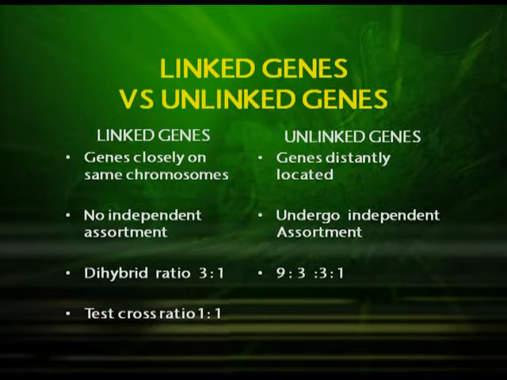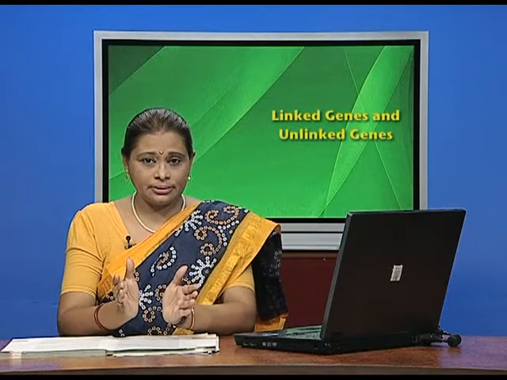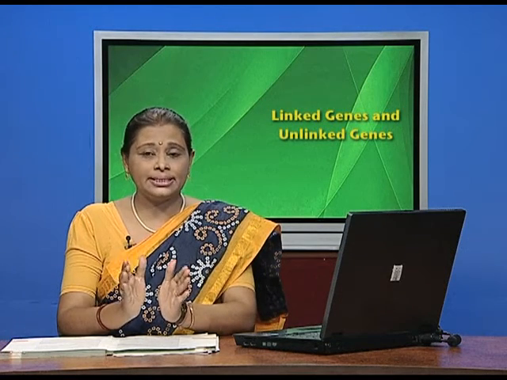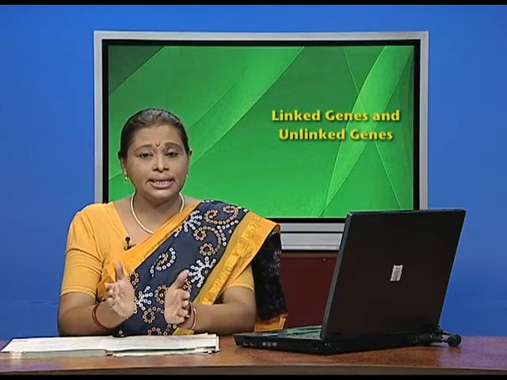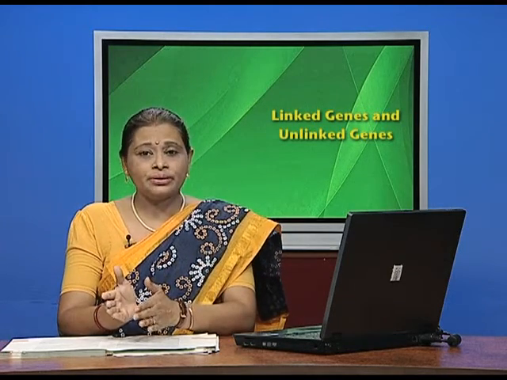On the other hand, in unlinked genes, it is 1:1:1:1. So, what did you conclude? The conclusion is that in the case of linkage, we get more of parental types and less of recombinant types. Now, is there any mechanism that can separate the linked genes?